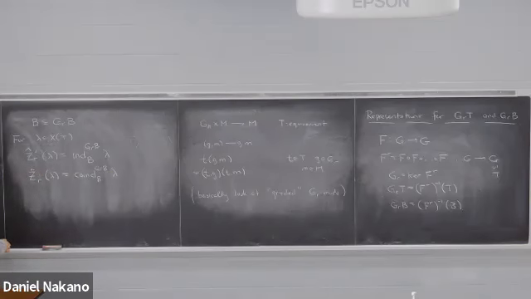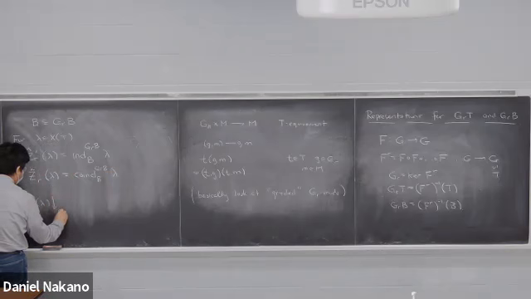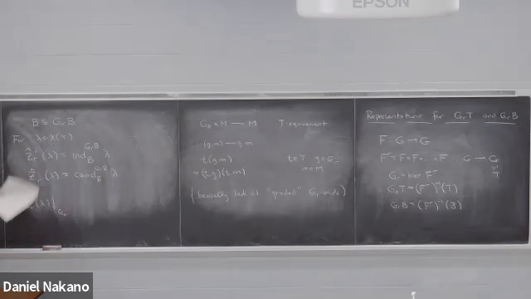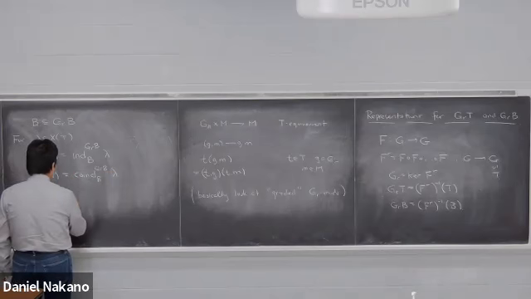Now, the good thing about this is if I take this module and if I restrict it down to G_R, so G_R also sits inside of G_R B too, then this is induction from B_R to G_R.